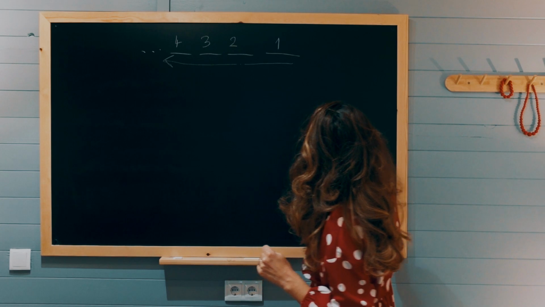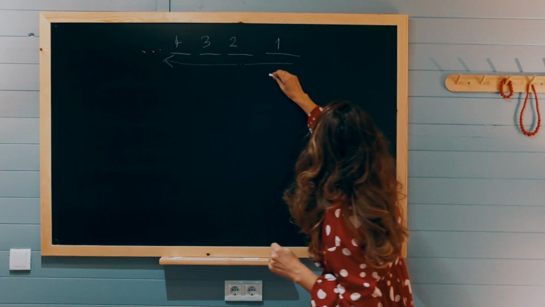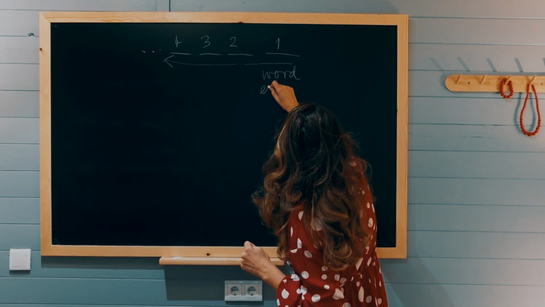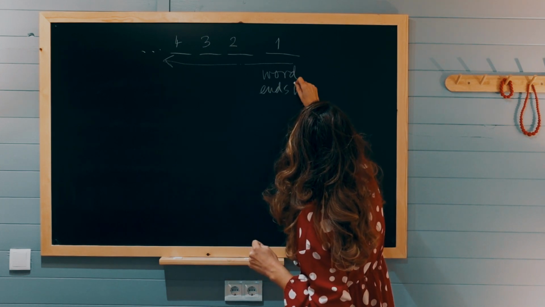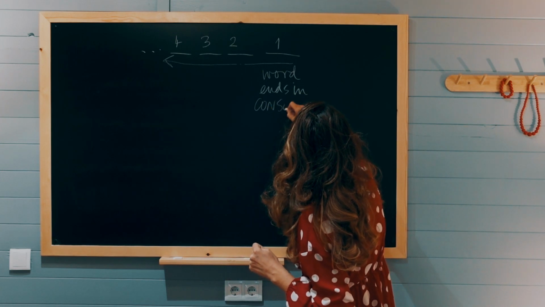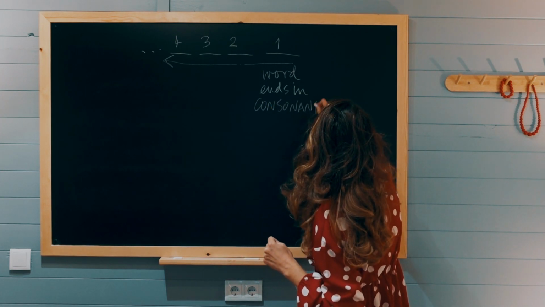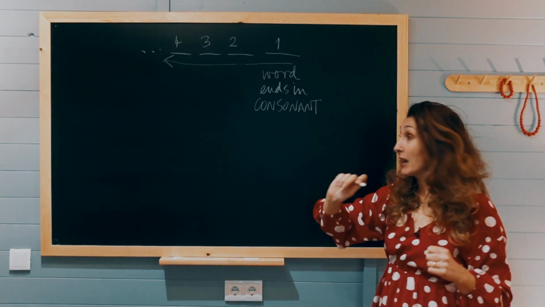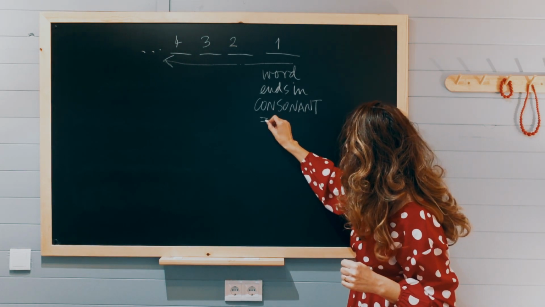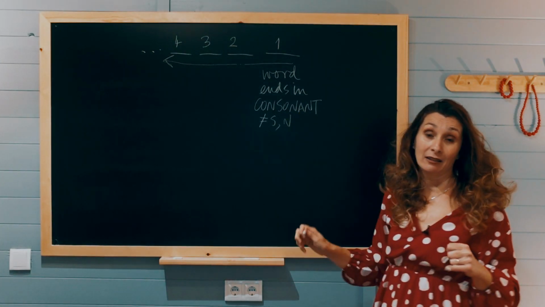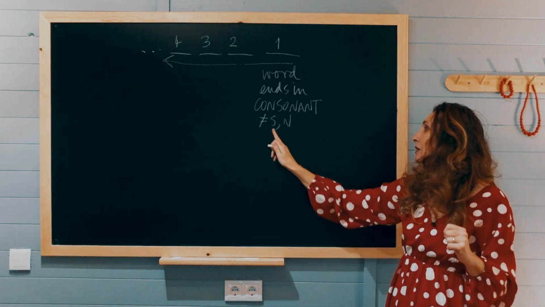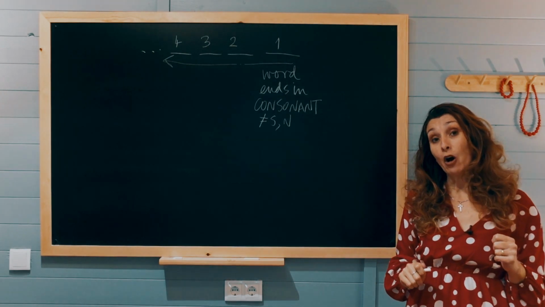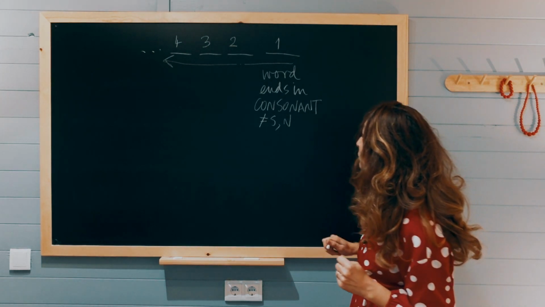For the last one to be accentuated, the word must end with a consonant. Okay? So if a word ends in a consonant, except it cannot be an S or an N. Any other consonant except an S or an N, then the accent will be on the last syllable, okay?